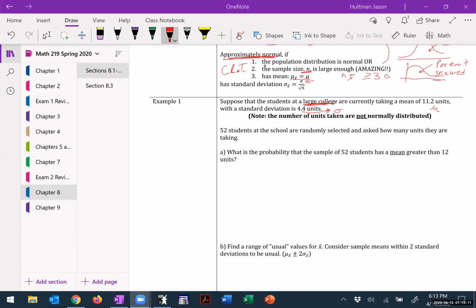What is the probability that the sample of 52 students has a mean greater than 12 units? Okay, so how many samples is this? How many samples am I taking? Not the number of students, but how many samples am I taking? I'm only taking one sample.